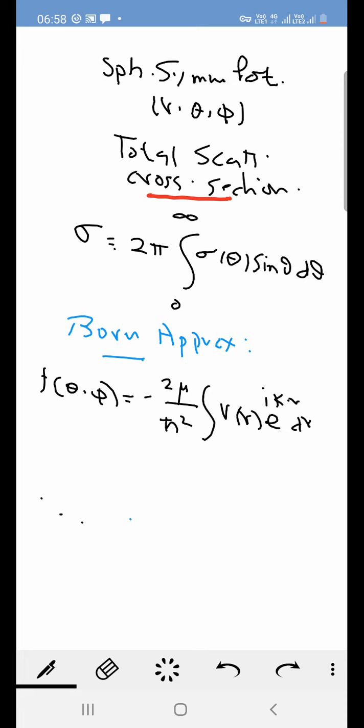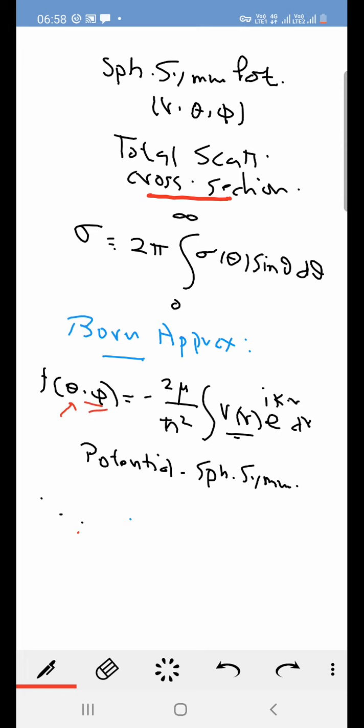Now the potential is spherically symmetric. So the scattering amplitude will mainly depend upon theta, and it will not depend upon phi.